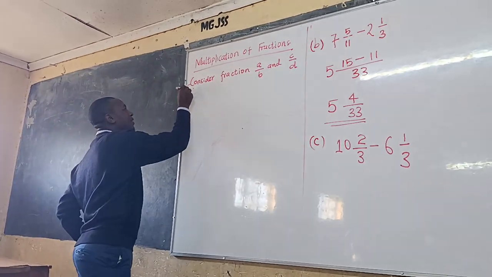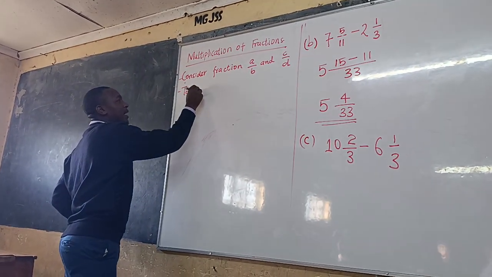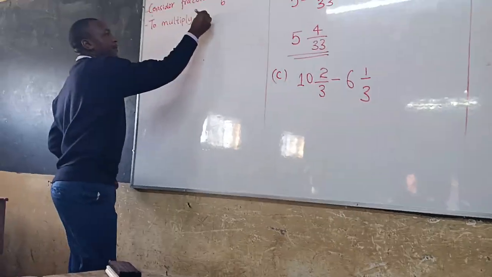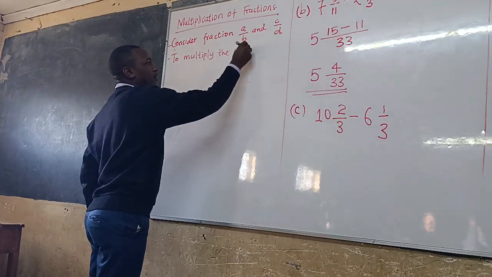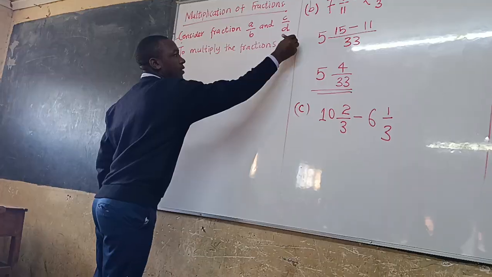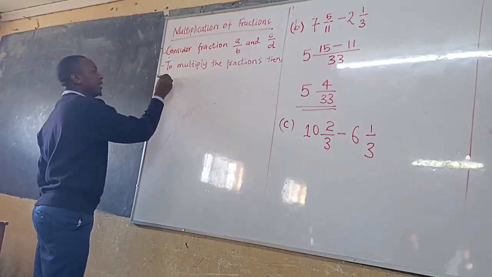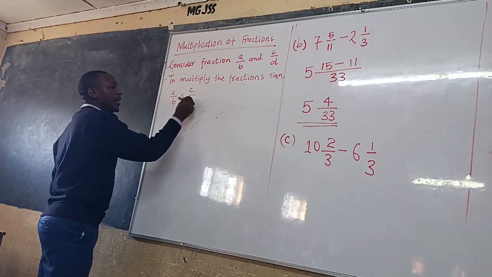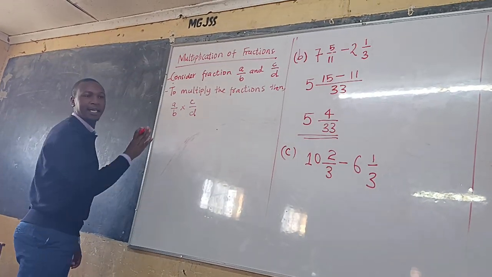To multiply the fractions, we say a over b times c over d. That's how we say.